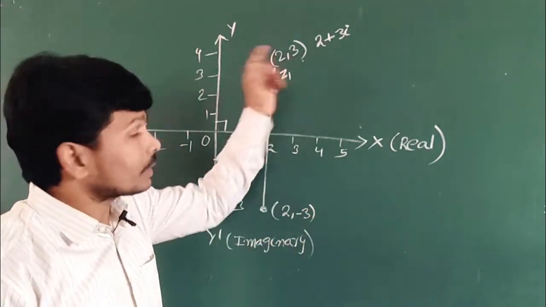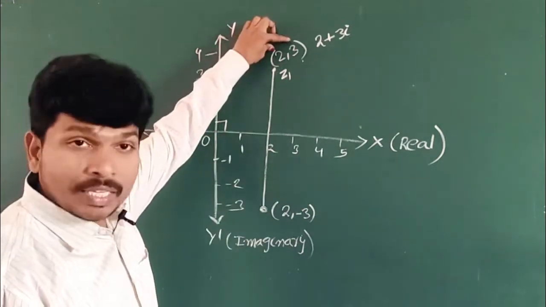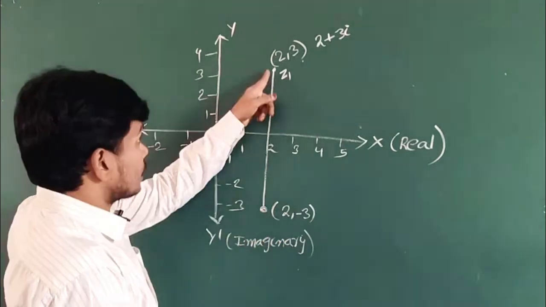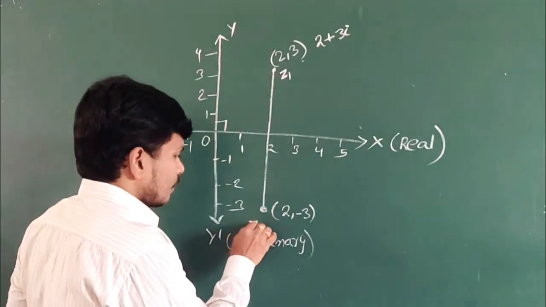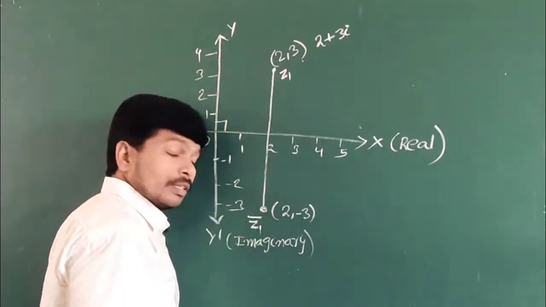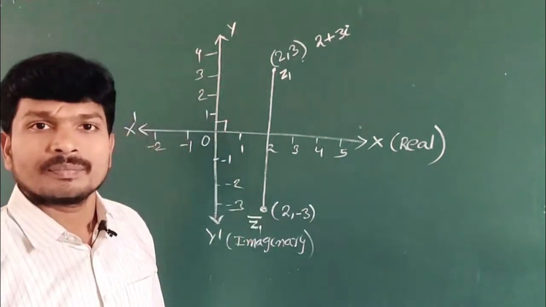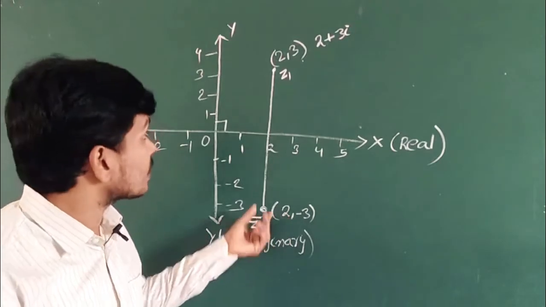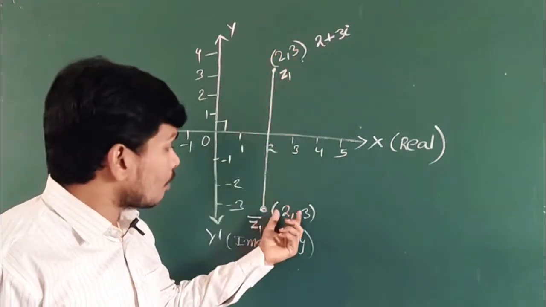So the reflection of (2, 3) with respect to the x-axis is (2, minus 3). If this point indicates the complex number z1, then this is called z1 bar, the conjugate complex number, of (2, minus 3).